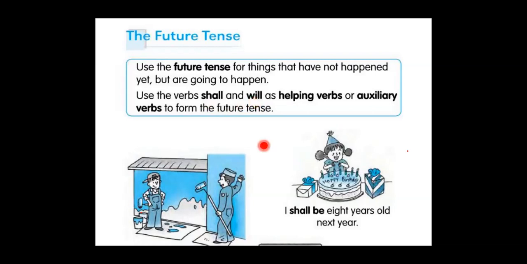Now let's see the example. I shall be 8 years old next year. So what is the helping verb we used over here? Shall and be.